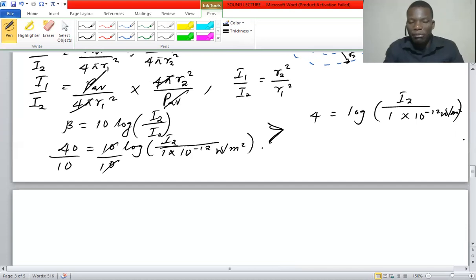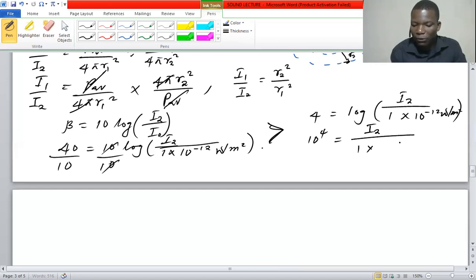So I believe you still remember about logs. This log doesn't have any symbol here, which means that log is to the base of 10. So if that log is base 10, it can be written in index form as the base 10 to the power 4 being equal to I2 over 1 times 10 to the power -12. So if you've gotten lost, go and check something on logs, actually the laws of logs, or how to solve these logs.